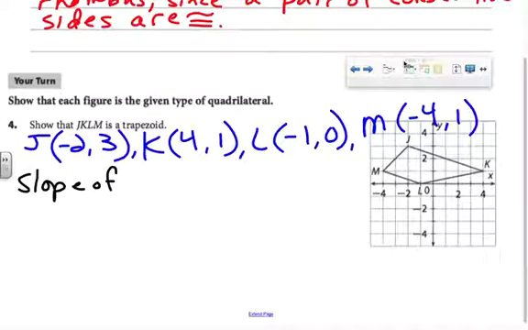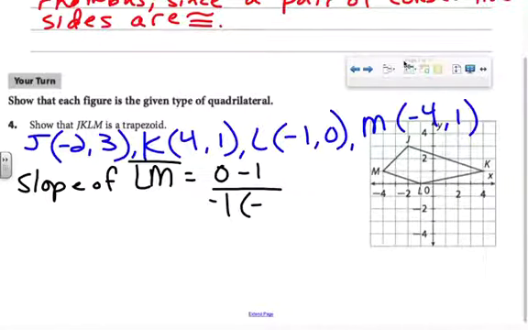The slope of LM is 0 minus 1 over -1 minus -4. And when I calculate that, I have -1 over 3.